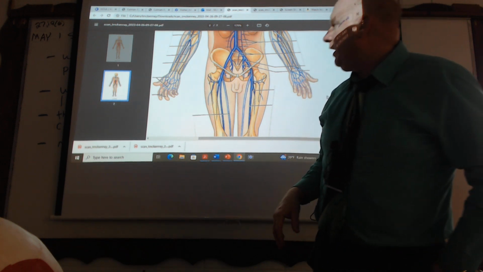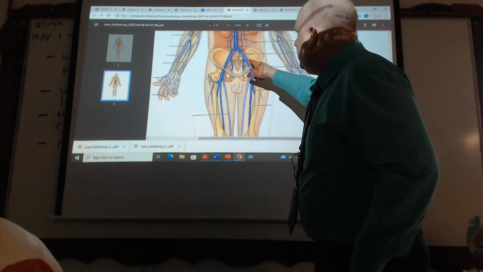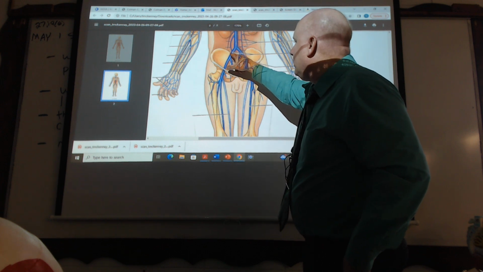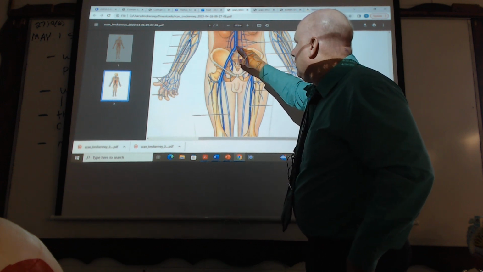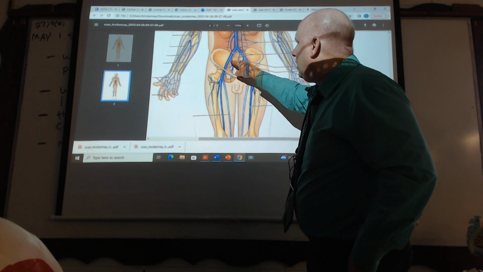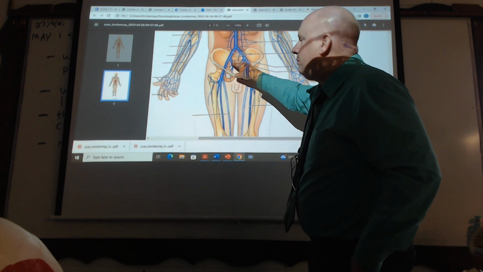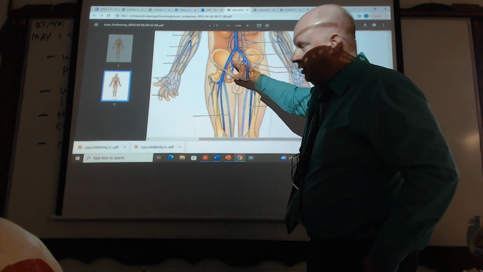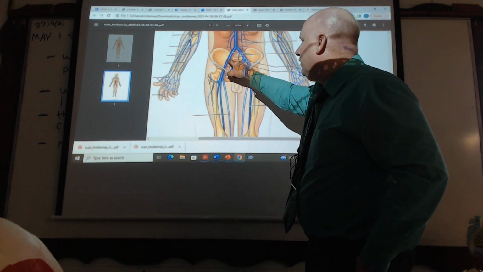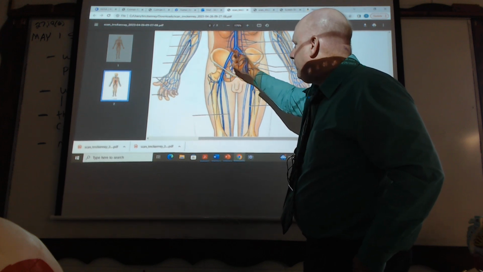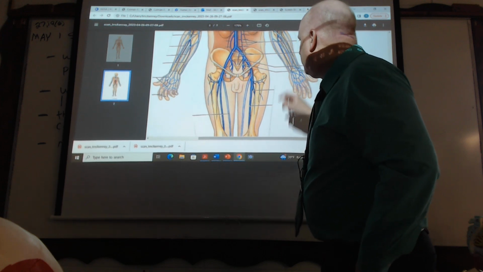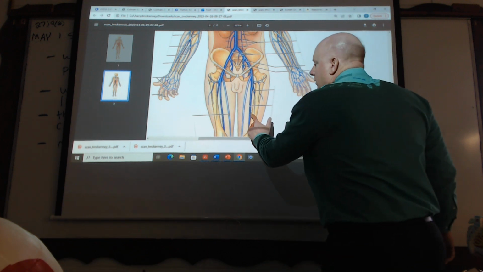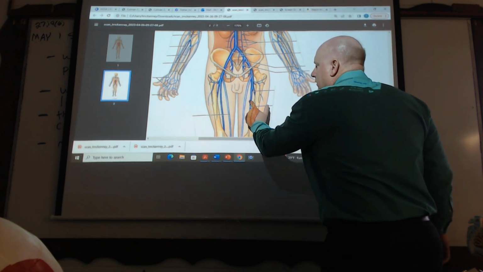That's right, okay? So then, if this is the right common iliac, this one off this tributary would be what? Internal iliac, and then this one, okay? And then as we look at this one, it must be what?